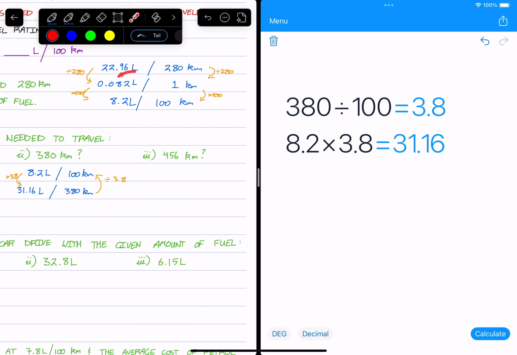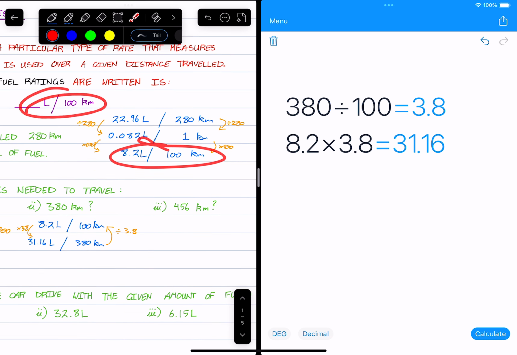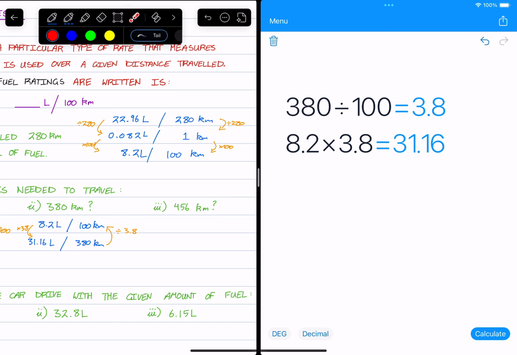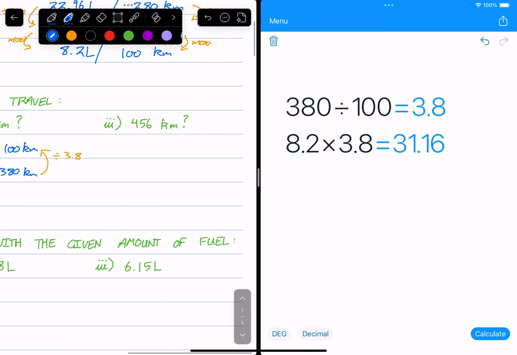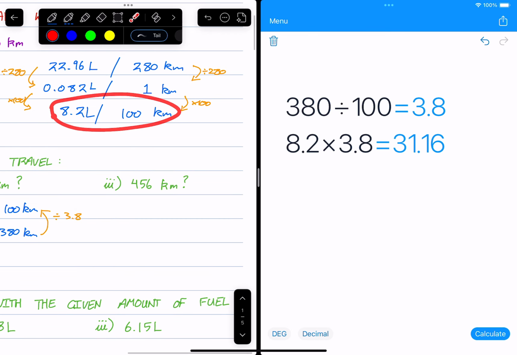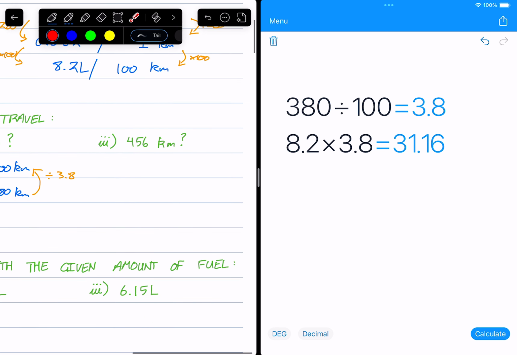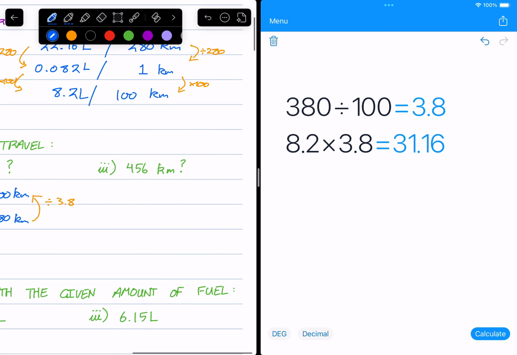So as you can see, you could just use either. It's really up to preference whether you like the unitary rate or the proper fuel rating for the calculation. So for this last one, I'm just going to use the actual fuel rating here. You can go ahead and use this unitary rate and you will get the same answer. So in this case, I'm going to be using 8.2 liters per 100 kilometers.